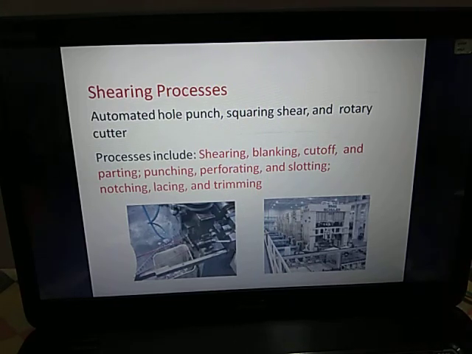The shearing operations include blanking, piercing, slitting and trimming. These are the various operations as far as shearing is concerned. By using this process, you can manufacture file cabinets, car bodies as well as beverage cans.